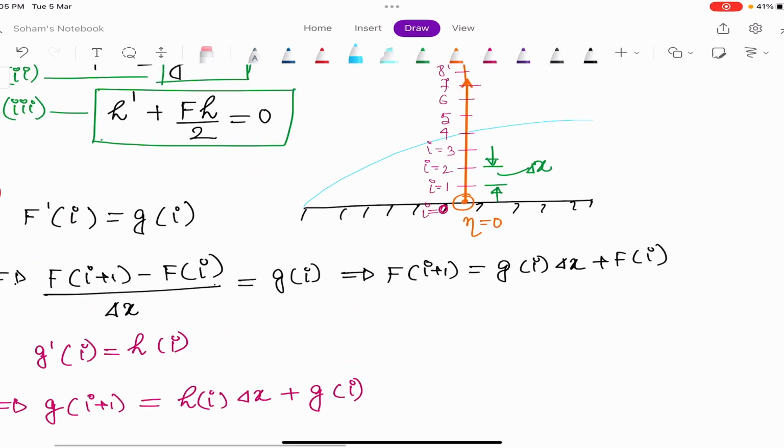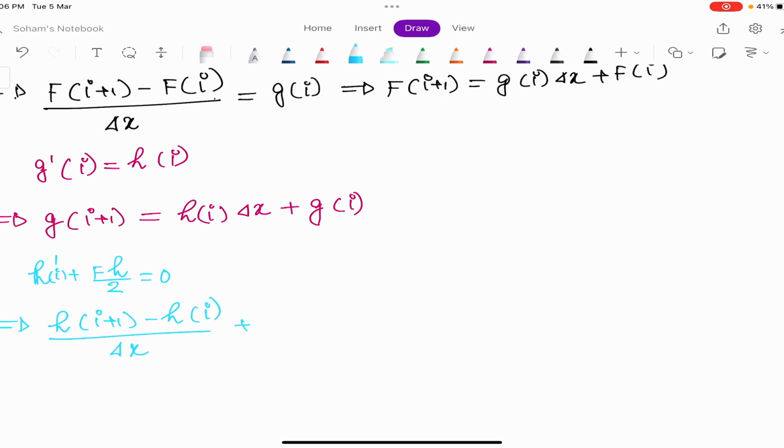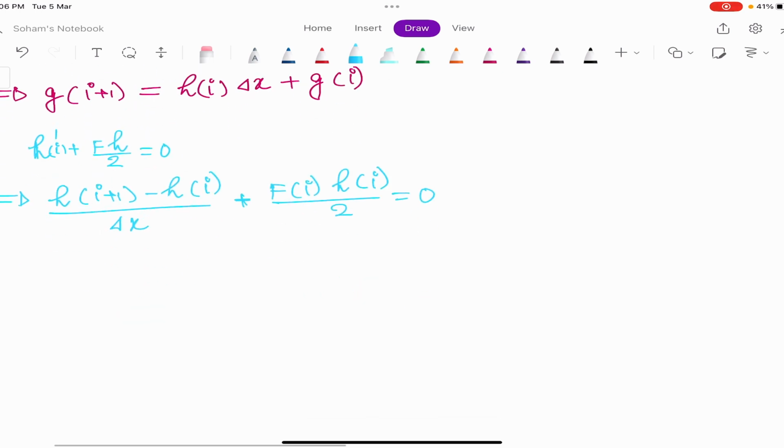Okay, so another equation is h dash plus fh by 2 equal to 0. At grid point I, this will be h of I plus 1 minus h of I by delta x plus f at I into h at I by 2 equal to 0.